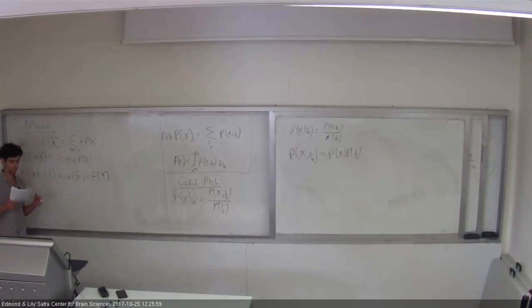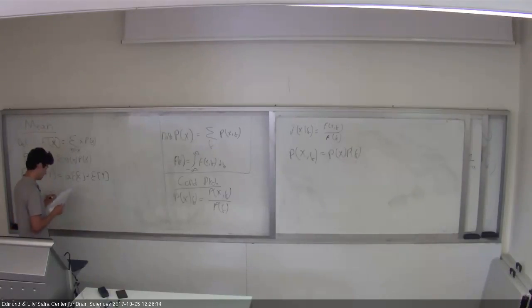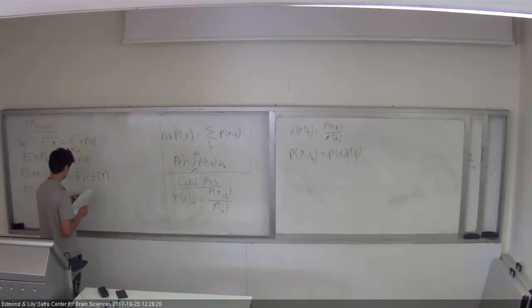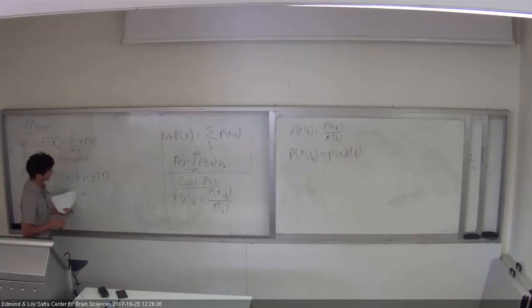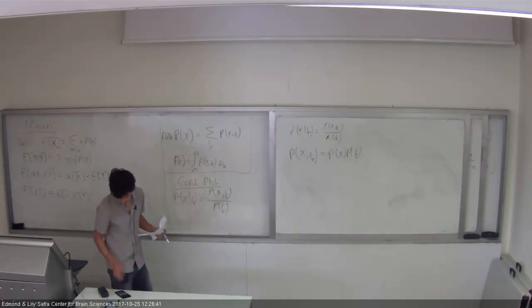And if x and y are independent, then we know that the expectation of x times y is equal to the expectation of x times the expectation of y. This is true if and only if they are uncorrelated, but we will get to this in a moment. So this is the expectation of two random variables.